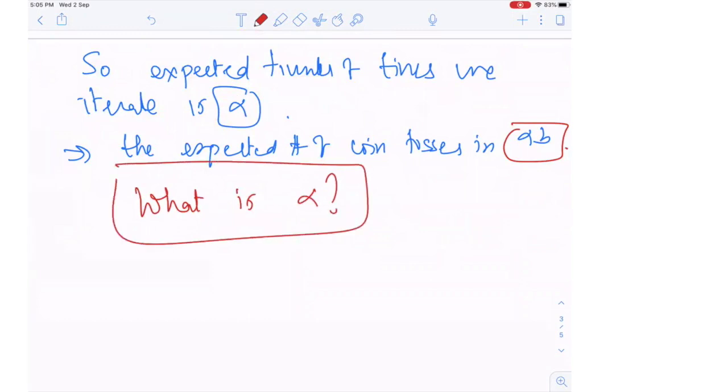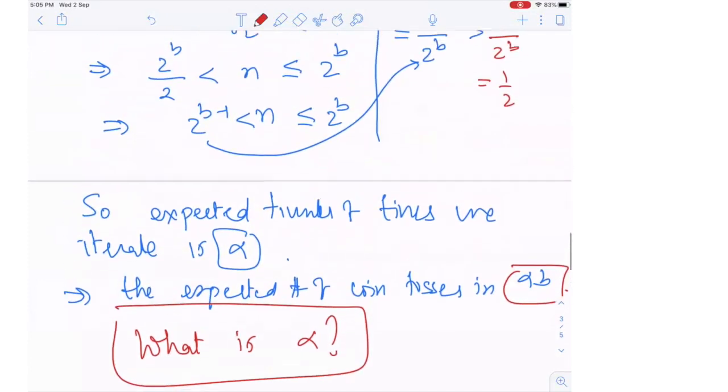Here's my poll, and you get a question on your screen. What do you think the expected number of iterations is?